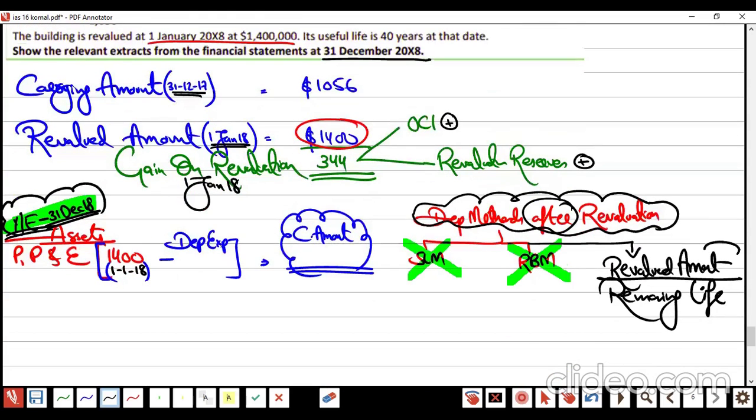It is applied only when we are computing depreciation after revaluation. So if I apply this formula here, was the asset revalued? Yes. So what is the revalued amount? 1400. What is the remaining life? 30.